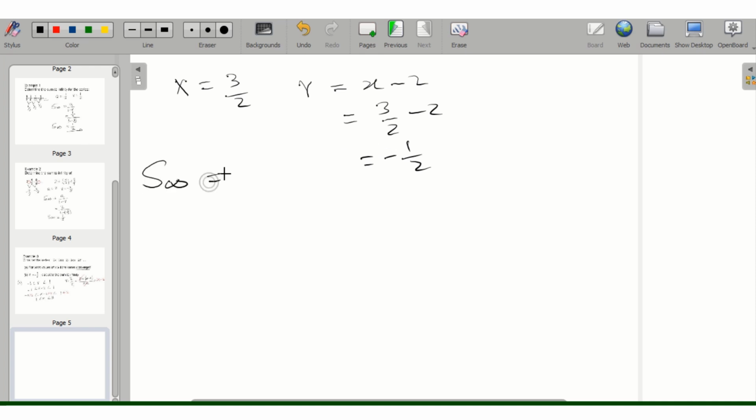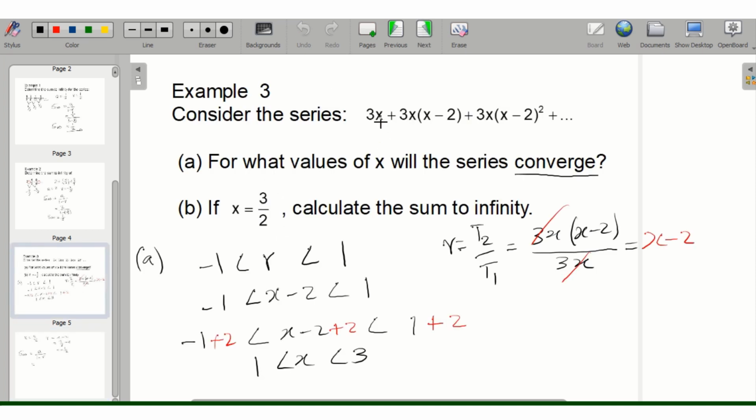Sum to infinity is a over 1 minus r. A is the first term. So if you go back here and substitute, you have 3x. So that would be 3 into, we said x is 3 over 2, so this would be 9 over 2.